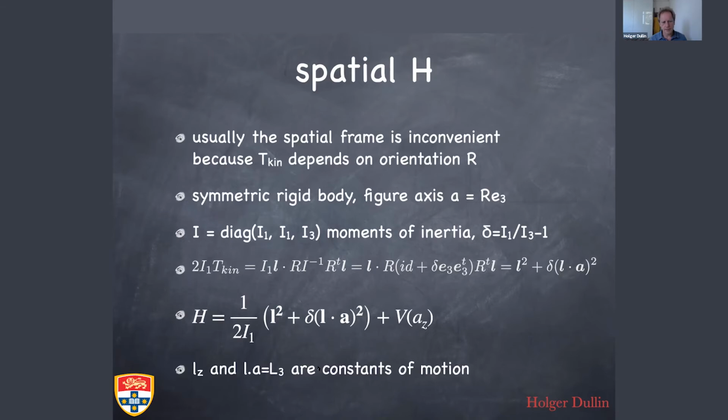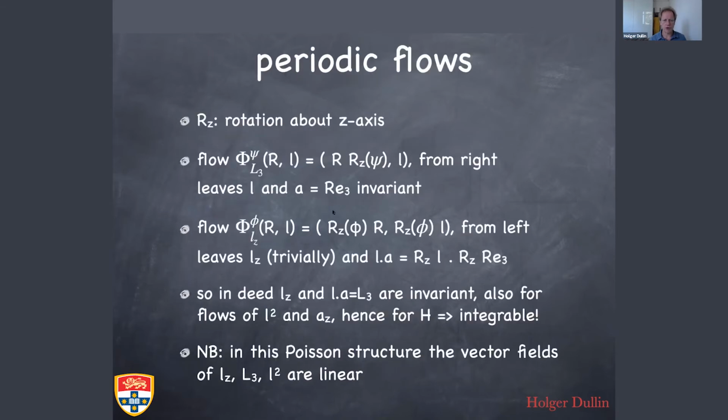I already stated that, but I guess if you wanted to now formally check that, you should write down the flows that are generated by these constants of motion. And you can do that easily. So the flow that is generated by L3, which is the scalar product of A and L, acts by multiplying the rotation matrix by a rotation about the z-axis from the right.